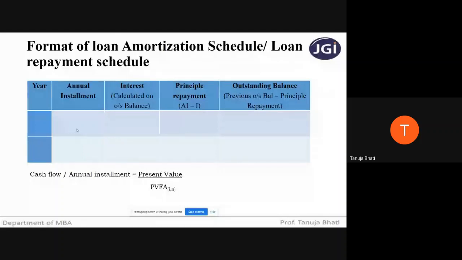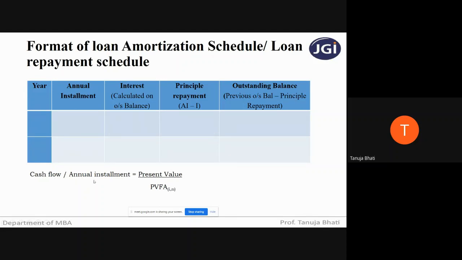So in column number 2, I'm going to write the annual installment amount, which is going to be equal from year number 1 to year number 10. This 10 years I've just taken as an example, suppose my loan is for a period of 10 years. So how do we calculate this annual installment?